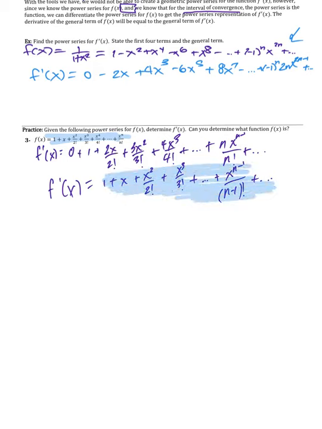The only slight difference that you could argue looks slightly different is that here I have x to the n minus 1 over n minus 1 factorial, but really we just took the derivative, which means we started with n equals 0 for f prime, as opposed to starting at n equals 1 for f. So really, these two things are the same.